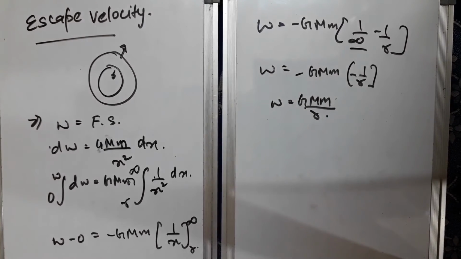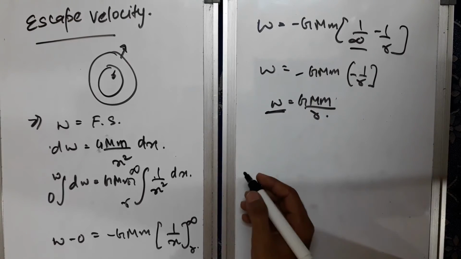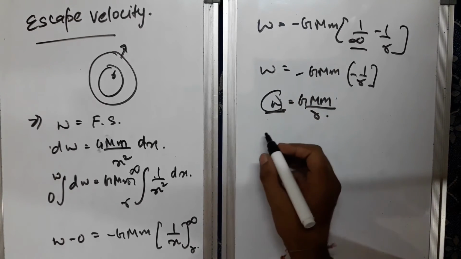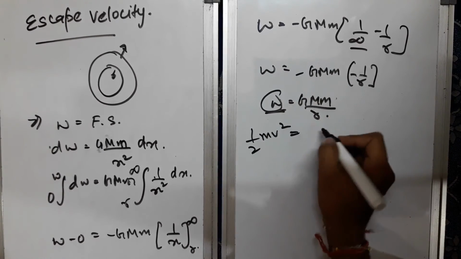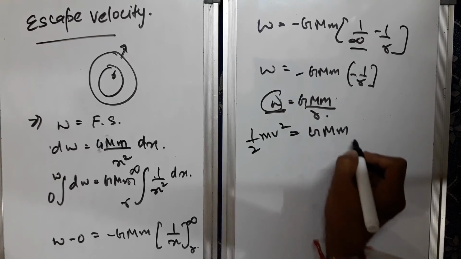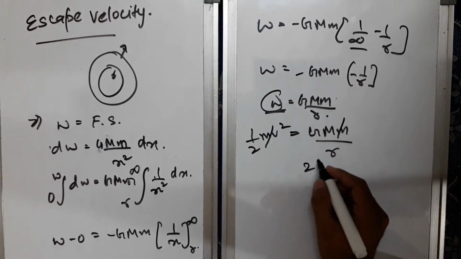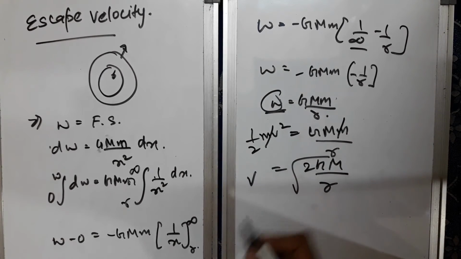So we have to find the escape velocity. We know that kinetic energy is also work, and the formula of kinetic energy is half mv square, equating this with GMm upon r. Mass gets cancelled, 2 will shift here, upon r, this we will get v.